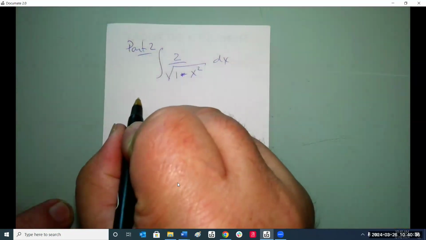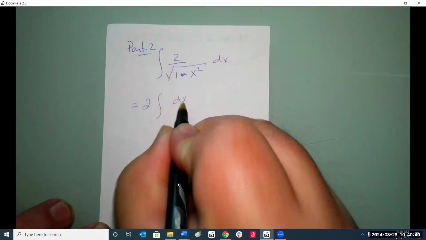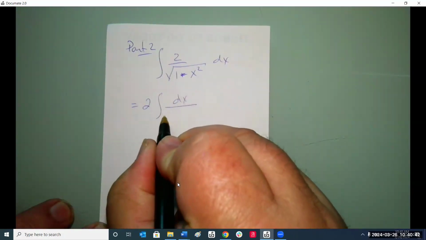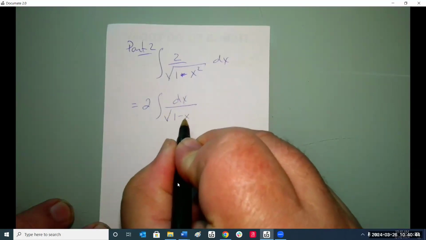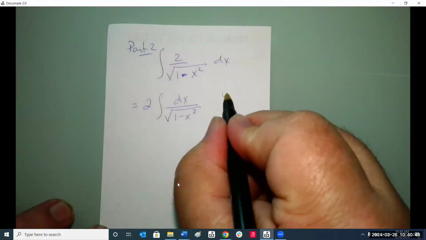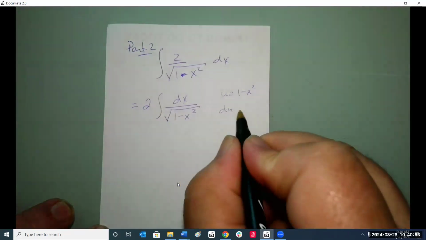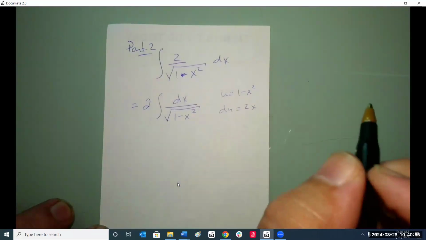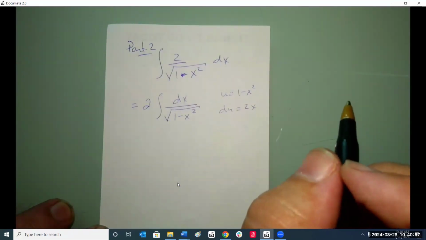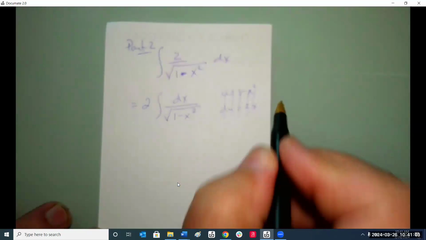Then we just have dx over the square root of 1 minus x squared, and u is 1 minus x squared. du is 2x. Nope, we can't do that. It's not going to be an ln function because we're missing an x on top.